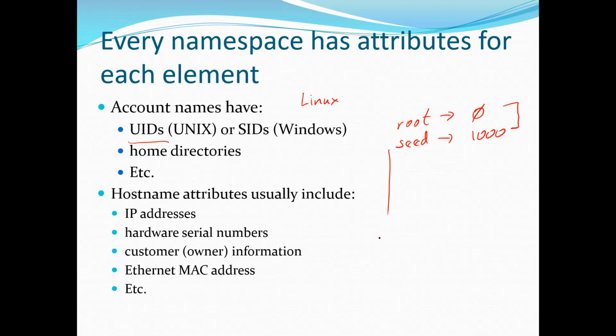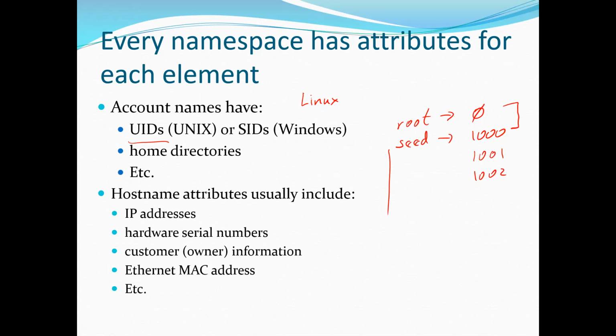So one of the things to notice when you're doing your lab on Wednesday is that as you create a whole bunch of usernames, look at the numbers, right? They should be incrementing after 1,000. Okay.